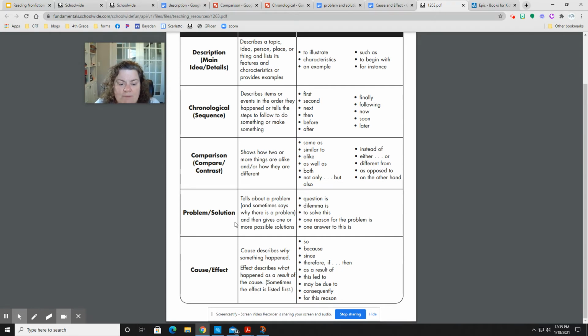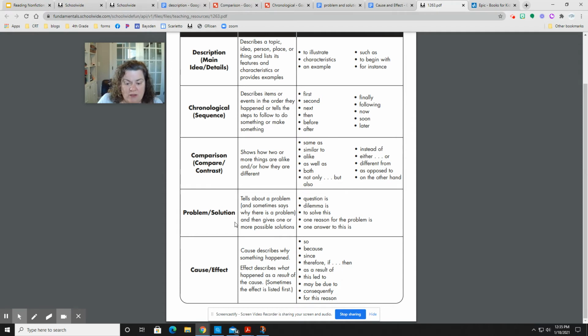In this one, you might have signal phrases like, the question is, my dilemma is, the Earth's dilemma is, to solve this, one reason for the problem is, or one answer to this is. Then the author would go on to explain what the problem is and how people work to solve that problem.